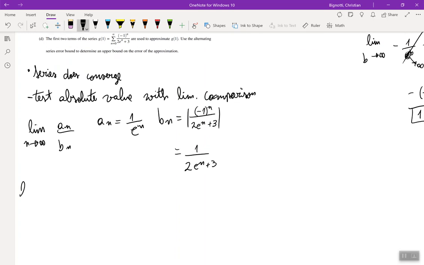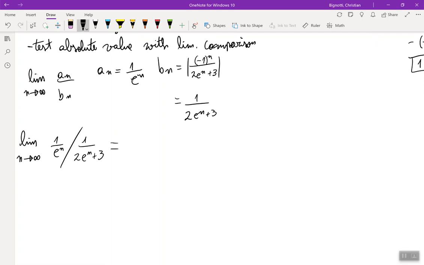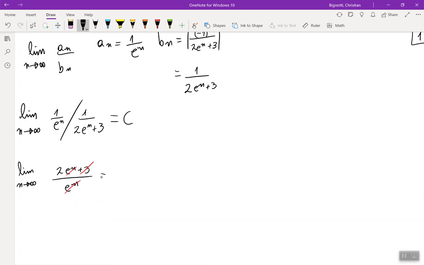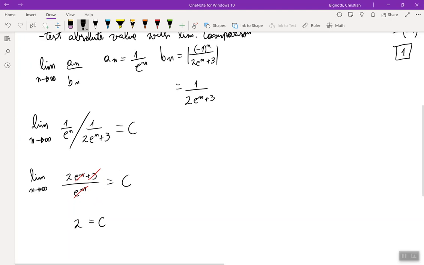Now we just have to do the limit. All this divided. We can just flip the denominator and multiply, which would leave us with this. And as n goes to infinity, 3 is insignificant, and if we divide those two, we get that this is all equal to c. 2 is equal to c.